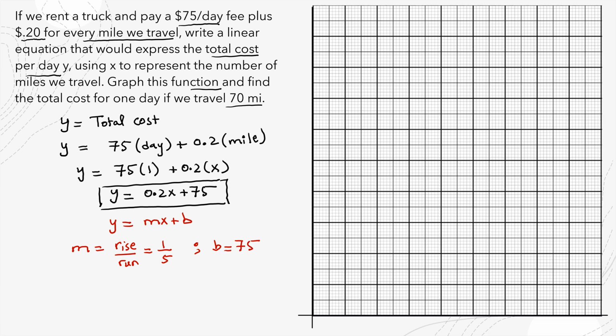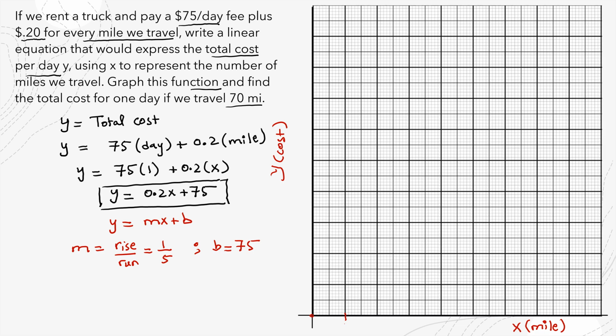Now, once we have this information, let's go ahead and start plotting this. So here on my graph, on the horizontal, I will take the miles as my x-axis. So x is the miles, and on the vertical I have y, that is the cost. Since we are starting here, this is my origin or reference point.